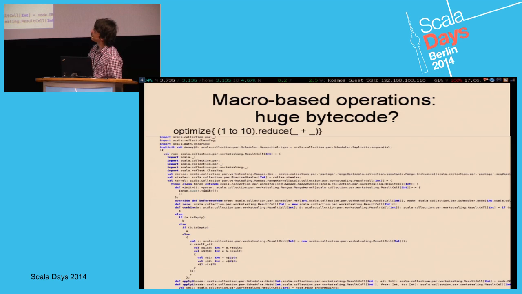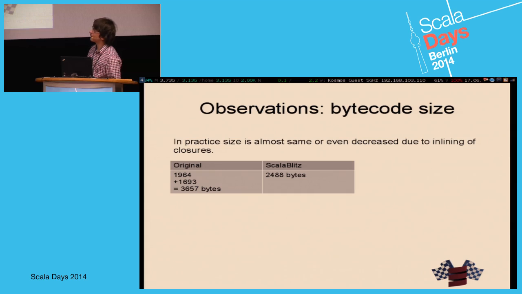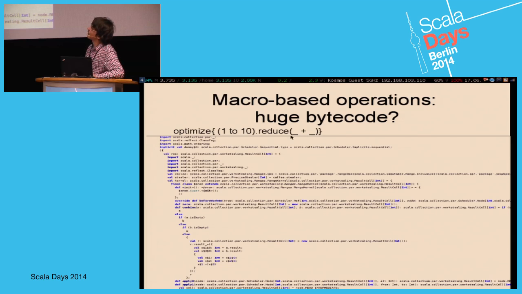But it turned out that in practice it doesn't. Because when you run such code in Scala, if you just compile it directly, you'll have a closure here. And this closure is an anonymous function that requires the compiler to generate a special class for it to pass this function inside the collection.